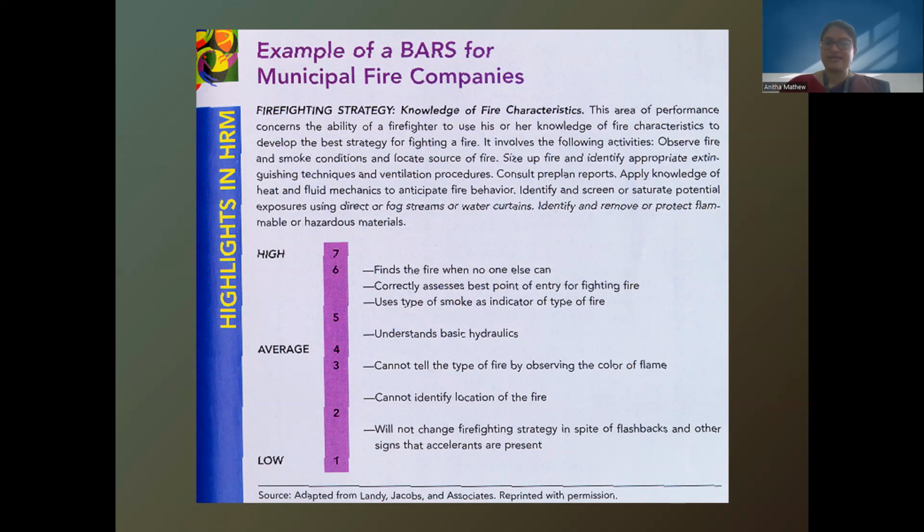So this is also again something that indicates high performance from the firefighter. So on these descriptions given here, you can also read up the strategy mentioned on top to get a clearer idea of this example, right? So this is how a behaviorally anchored rating scale would look like, all right?